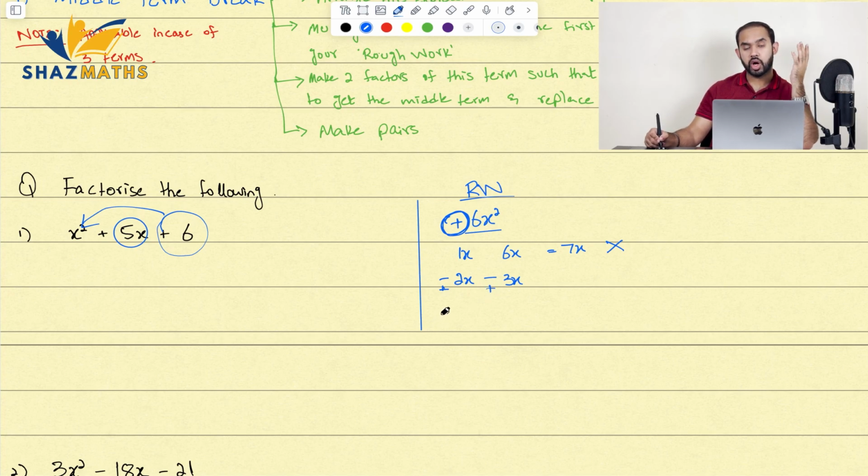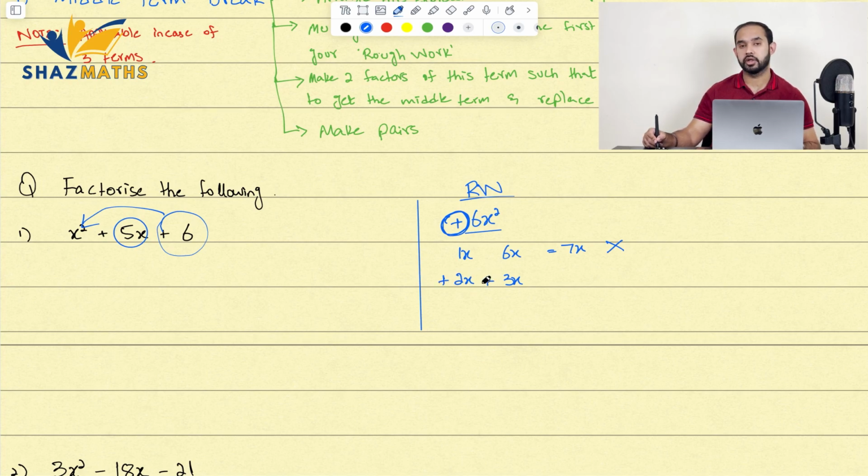Now how would I know whether the negative sign or the positive sign should be here? It will always depend on the middle term. Because the middle term over here has the positive sign, I will pick the positive sign for both of these factors. So I got my factors, plus 2x and plus 3x.